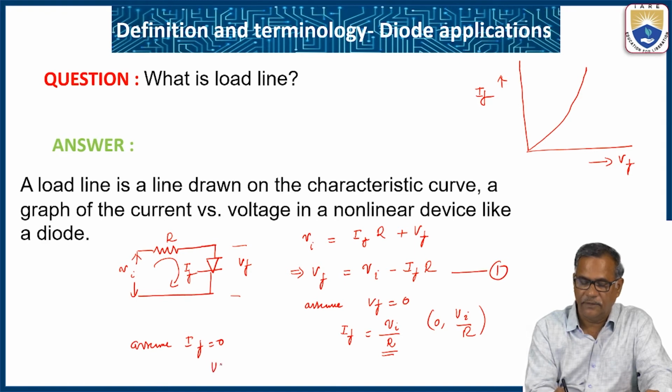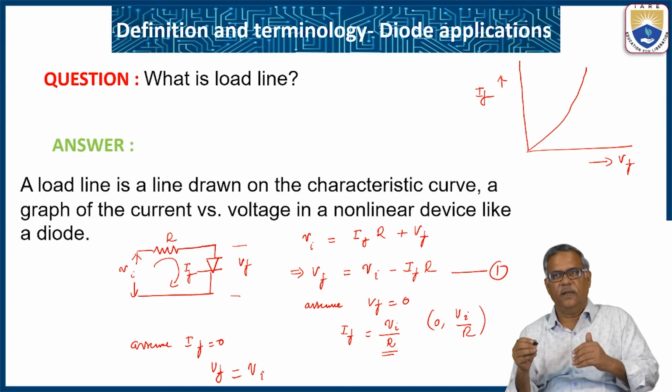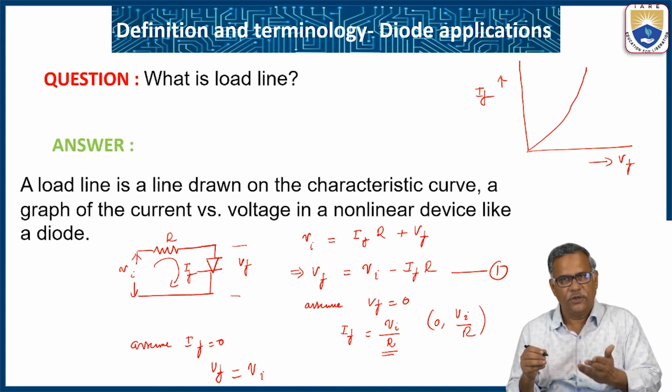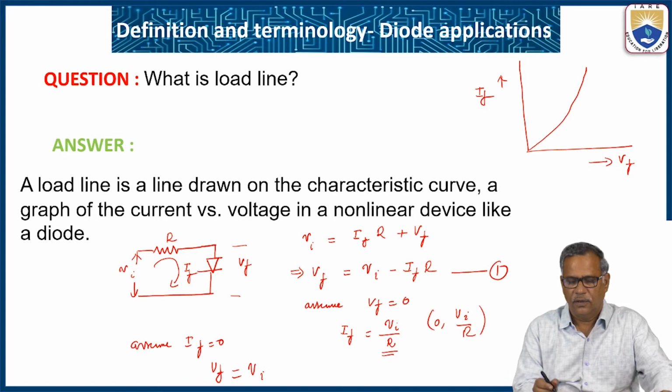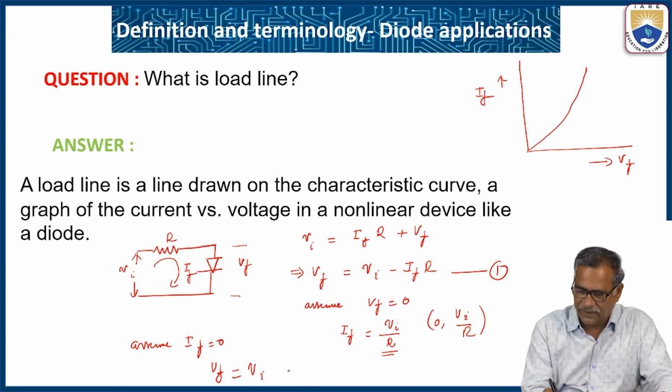Then you get Vf is equal to Vi. So you substitute these values in equation 1. First you assume that Vf equal to 0, then you get If is equal to Vi by R. Then you assume that If equal to 0, then you get Vf is equal to Vi. So the second point is Vi, comma 0.